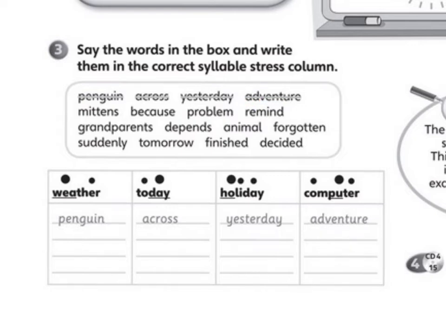Adventure. Again, adventure. Can you listen to it? So we have 3 syllables, but the one in the middle is the one that is stressed. For example, computer, adventure. So what you have to do is listen to the rest of the words and classify them in the correct column according to their stress. I'm going to mention all of the rest. So please listen.